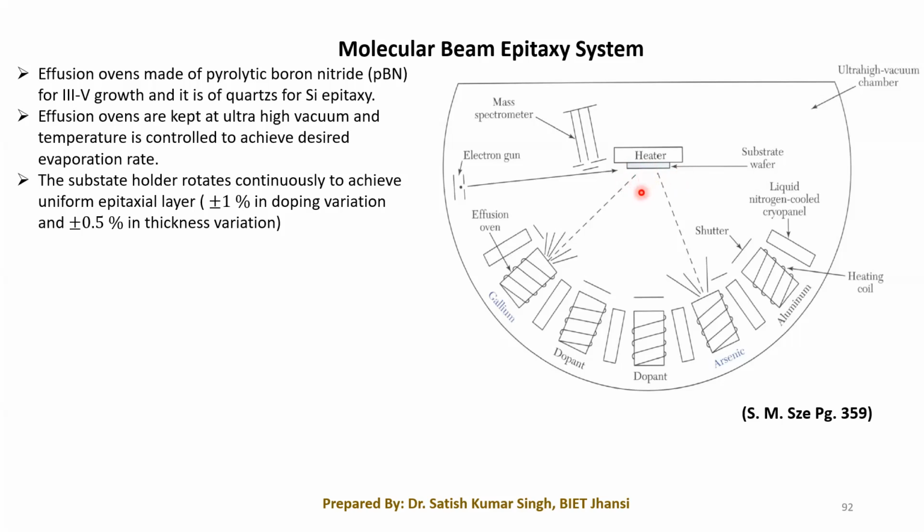And to achieve that, what we need to do is keep on rotating this particular substrate holder, so that the substrate keeps rotating to uniformly grow the layer.